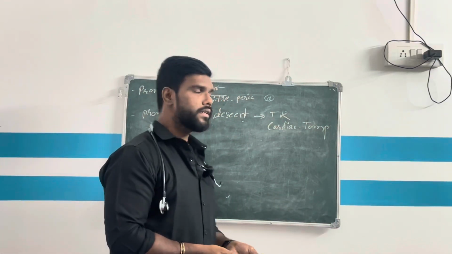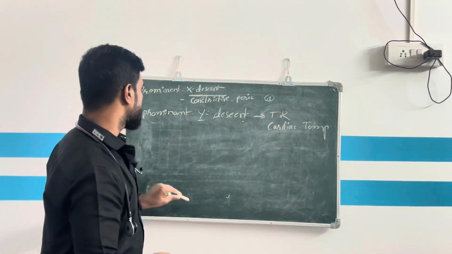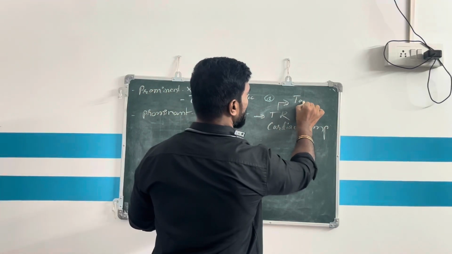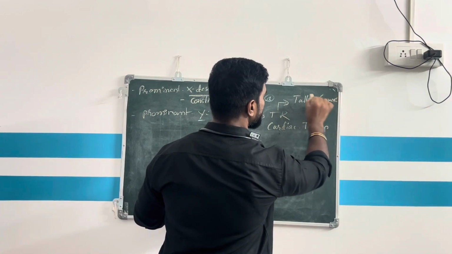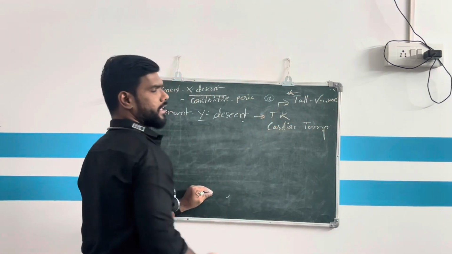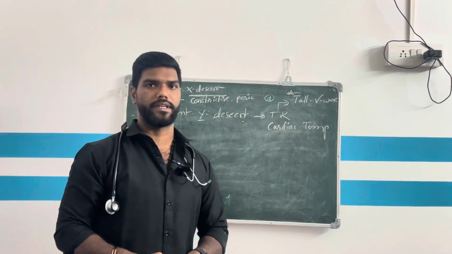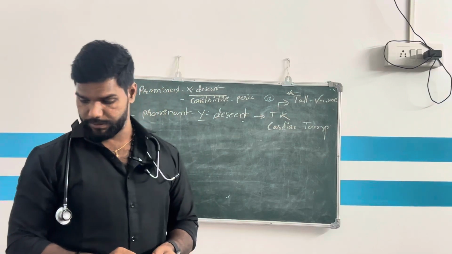Most important is the prominent Y descent in tricuspid regurgitation. In tricuspid regurgitation, tall V waves are also present. This is the most important thing in tricuspid regurgitation.